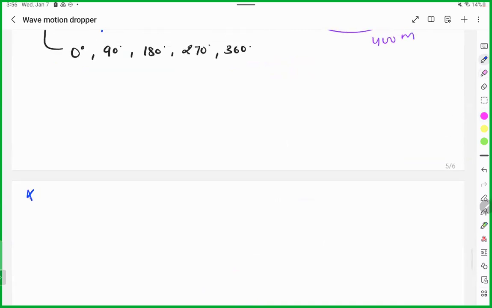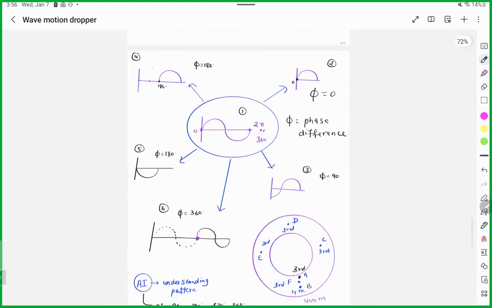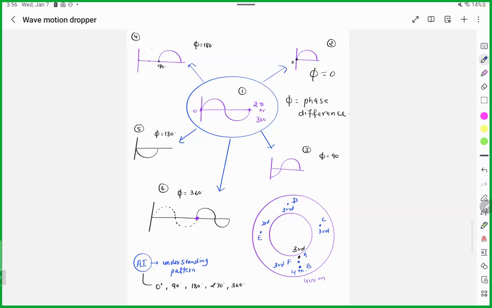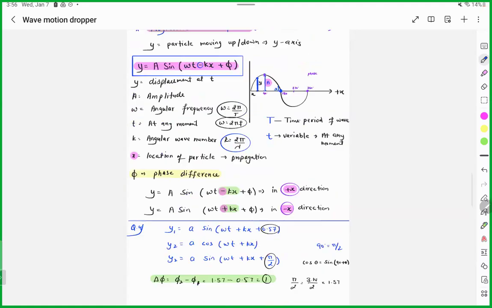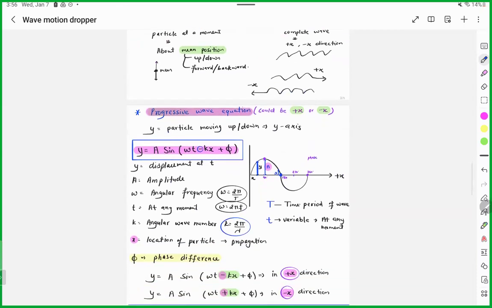Can you show that location of the particle part? Which one? This one. Oh, one second. Like you showed different phase differences. Progressive wave equation, one second. This is the most important thing we did in the last class.